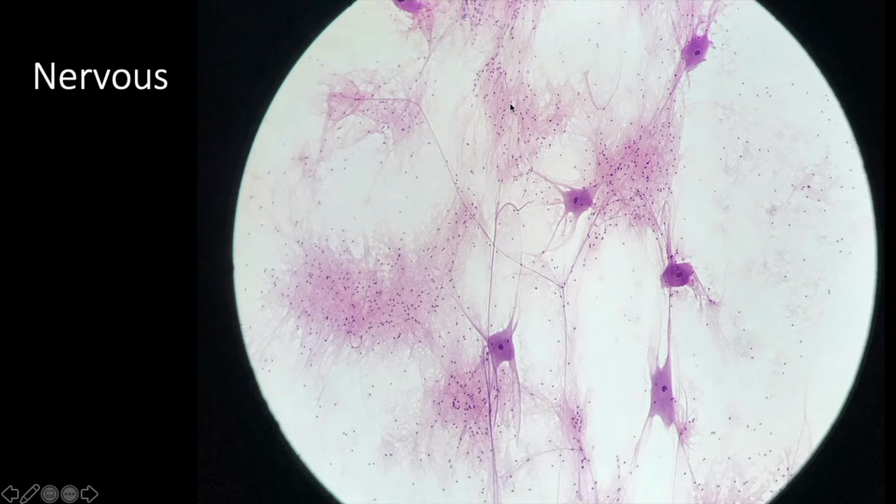A lot of times you do see the bodies having these extensions. So you see how this one is orange, but this one doesn't have that orange stain. So this is nervous tissue.